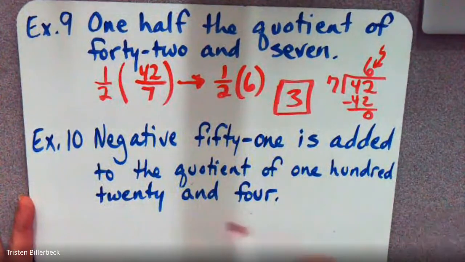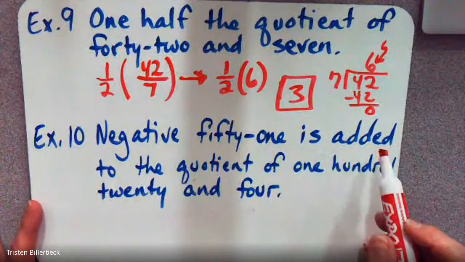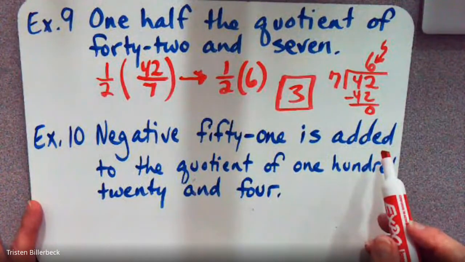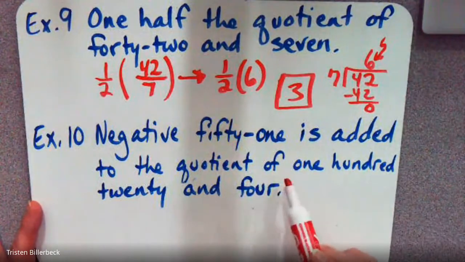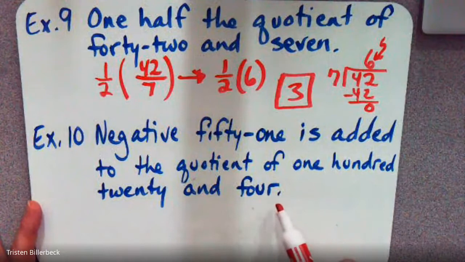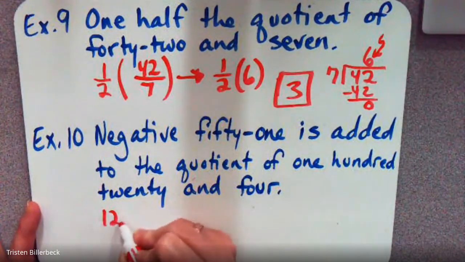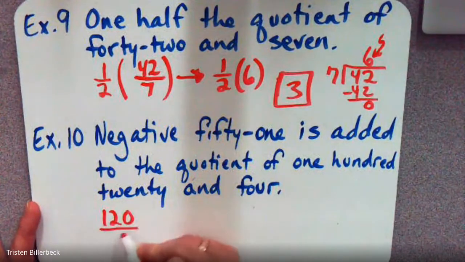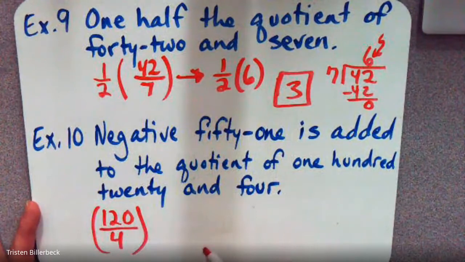All right, so negative 51 is added to something. So we're starting with something, so we need to figure that out. So it's added to the quotient of 120 and 4. So we're looking for that quotient.